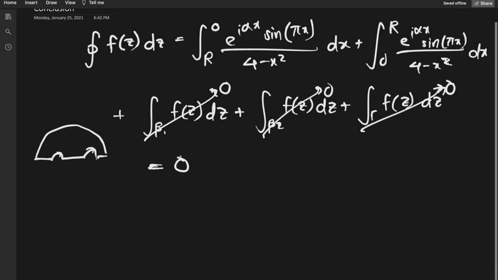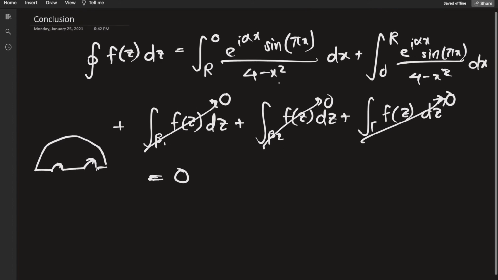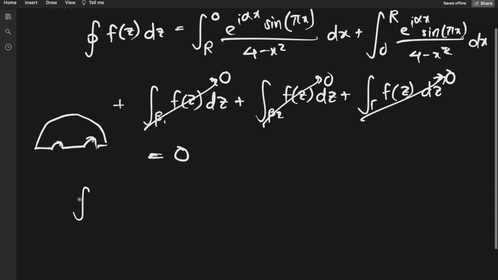And now what we can do is take the limit as r goes to infinity. We can multiply a negative, flip the order of integration from r to 0 to 0 to r, which means the contour integral of f of z dz is equal to the integral from 0 to r, limit as r goes to infinity. We can club both of them under a negative.